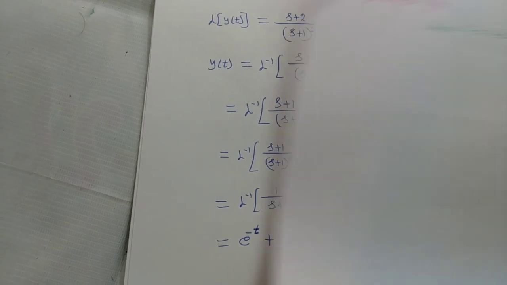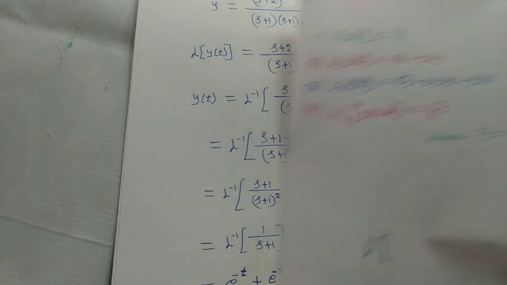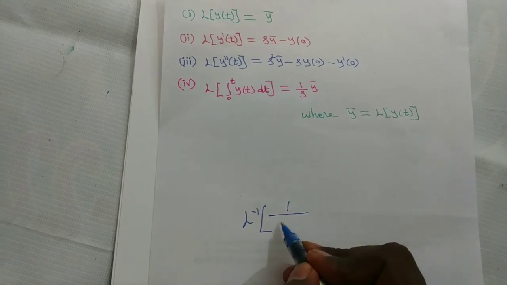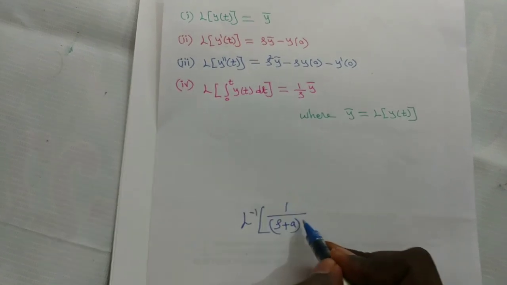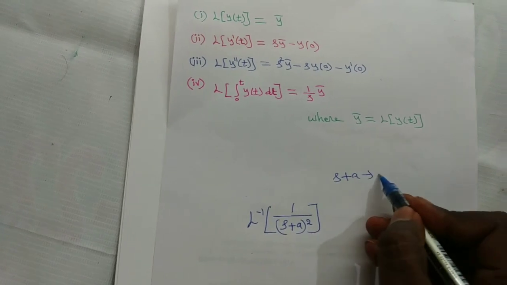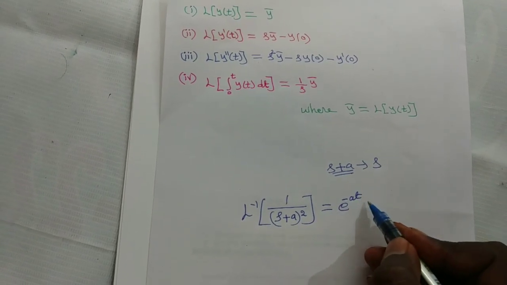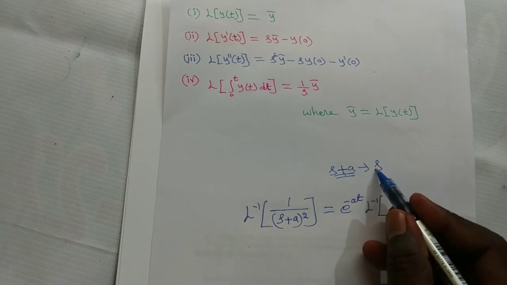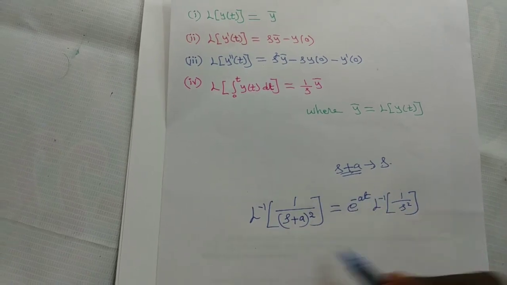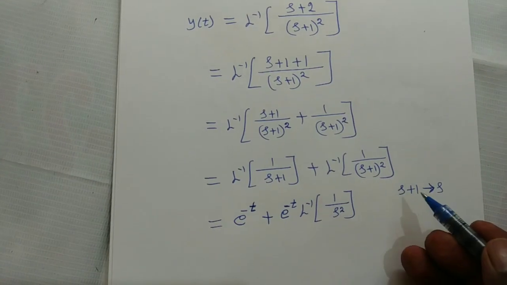For example, you can see the inverse form is L inverse of 1 by (s plus a) the whole square. But replacing (s plus a) by s means, for this you have to write e power minus at, and then L inverse of this, (s plus a) is s, so that this is 1 by s square. So this is the inverse form of the shifting property, but here a is 1.